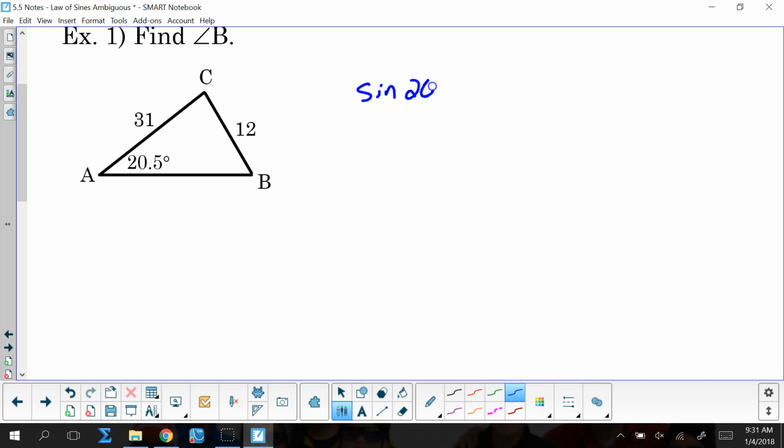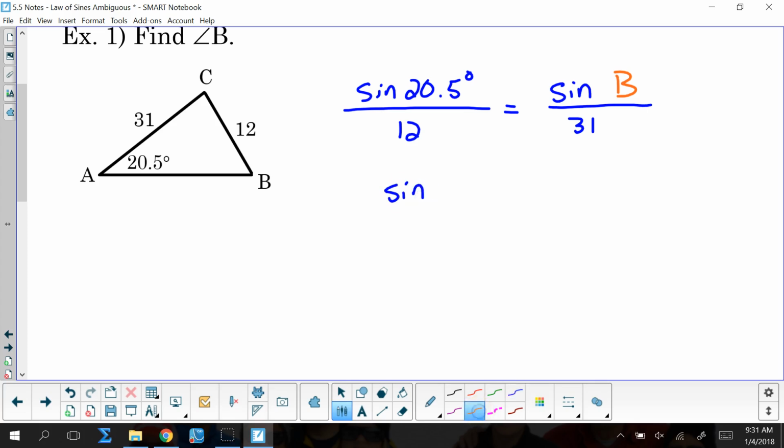The sine of 20.5 degrees divided by 12 is equal to the sine of angle B divided by 31. Okay? So then the sine of angle B is 31 times the sine of 20.5 degrees divided by 12.